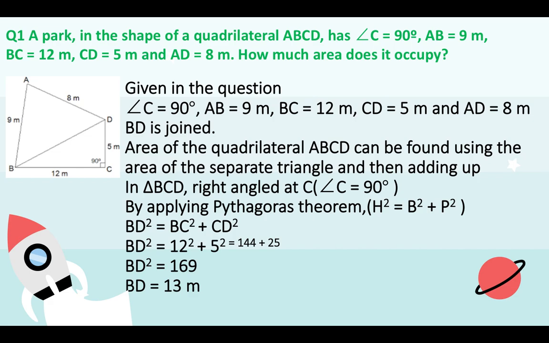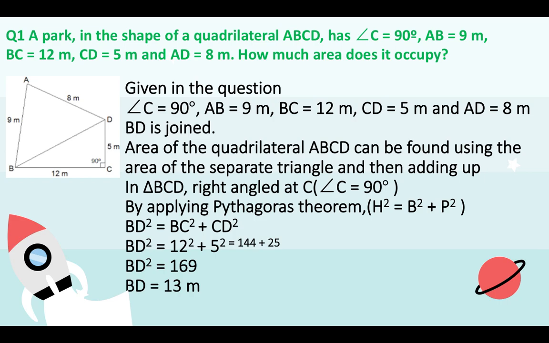Triangle BCD is a right angle triangle. It is already given to us: angle C is 90 degrees. So we can apply Pythagoras theorem in this and find the length of the diagonal BD. Why are we finding the length of BD? Because this will help us in finding the area of triangle ABD by Heron's formula.